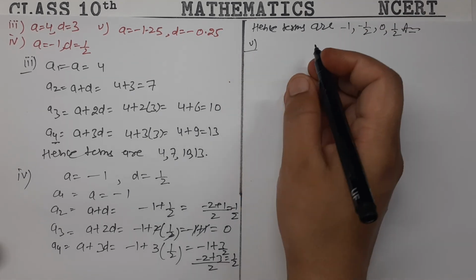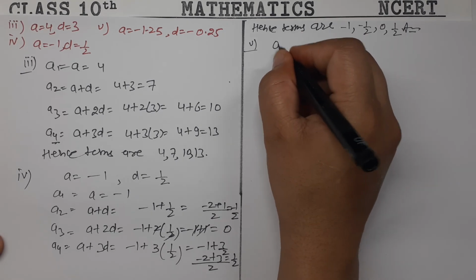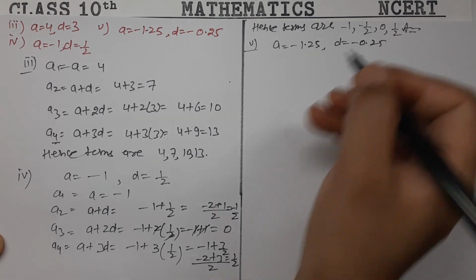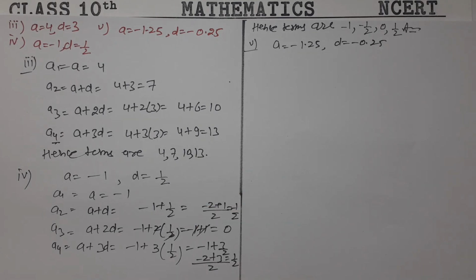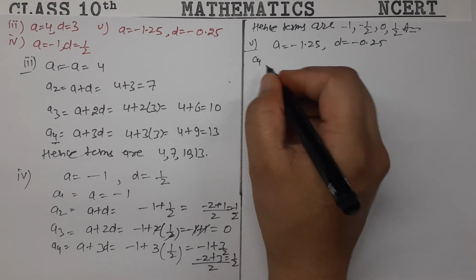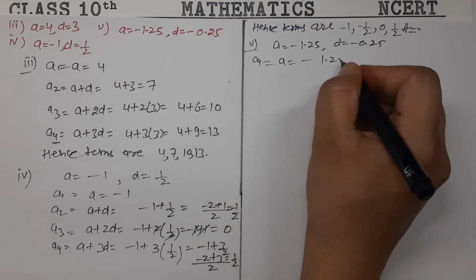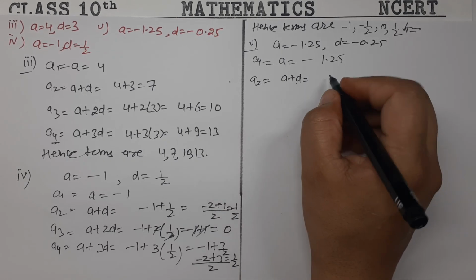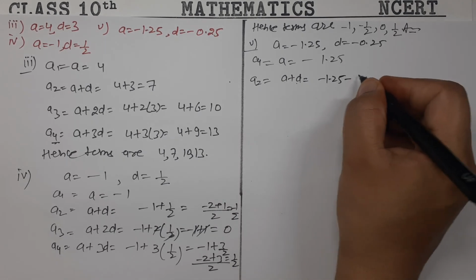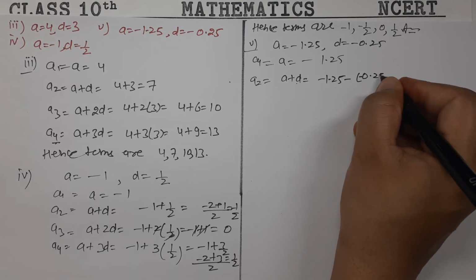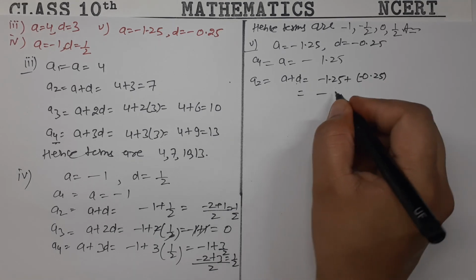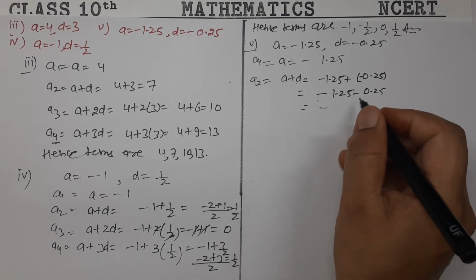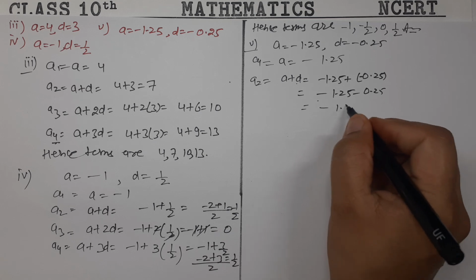Next and last, fifth part of this video. A is minus 1.25, D is minus 0.25. A1, that is A, minus 1.25. A2, A plus D, open the bracket, minus minus plus, we have minus 1.5.